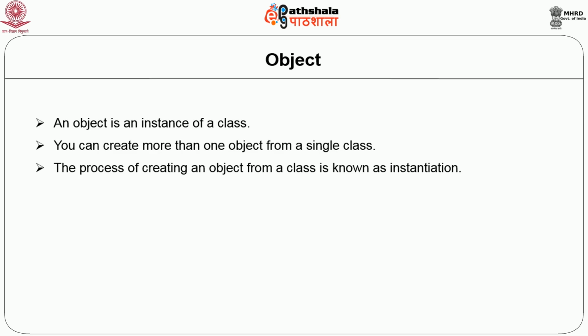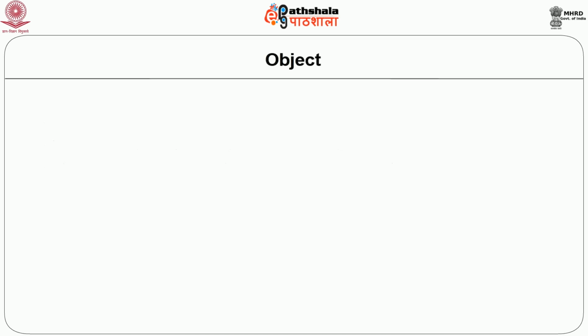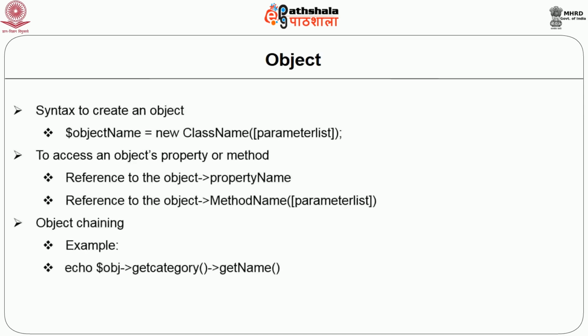So $emp is actually one object. To reference the object property, you can write object name, object access operator and property name. And to reference an object method, you can write object name, object access operator and method name.